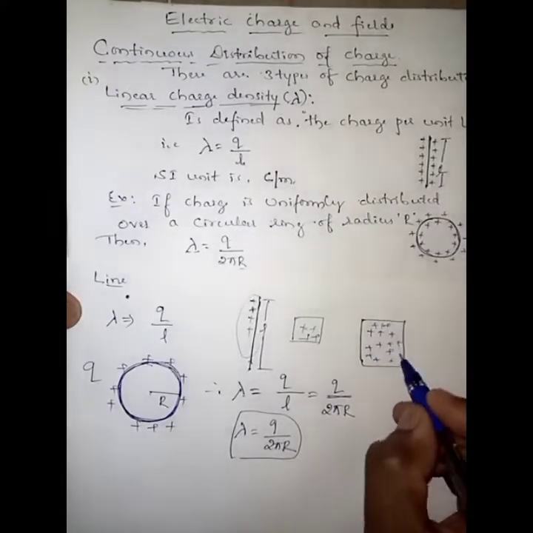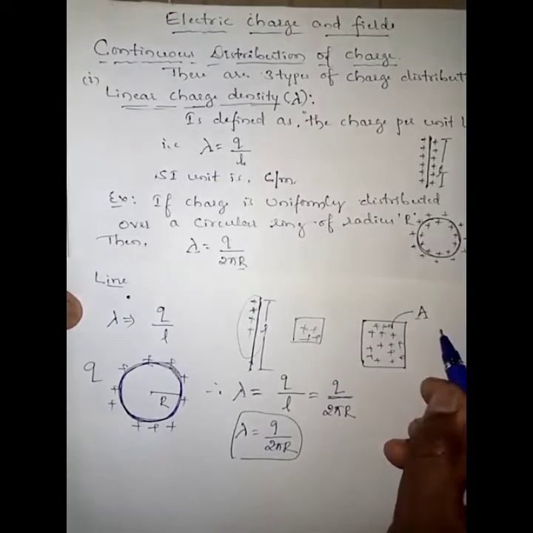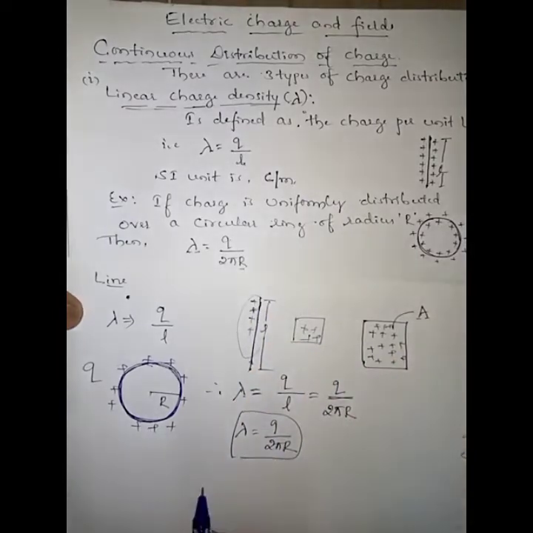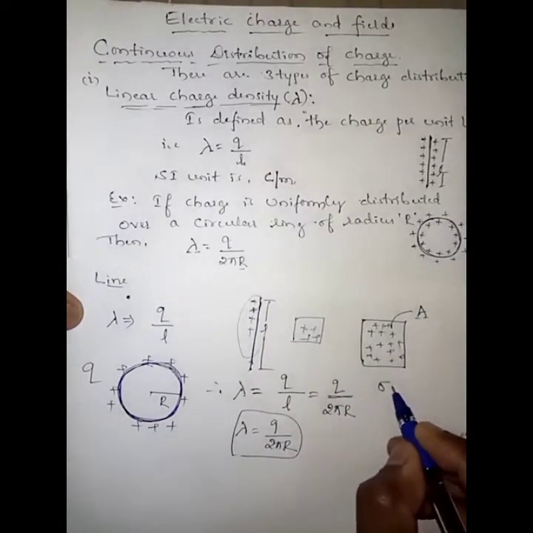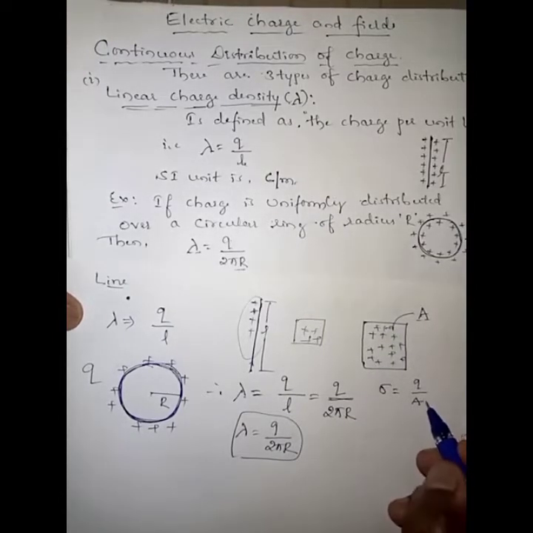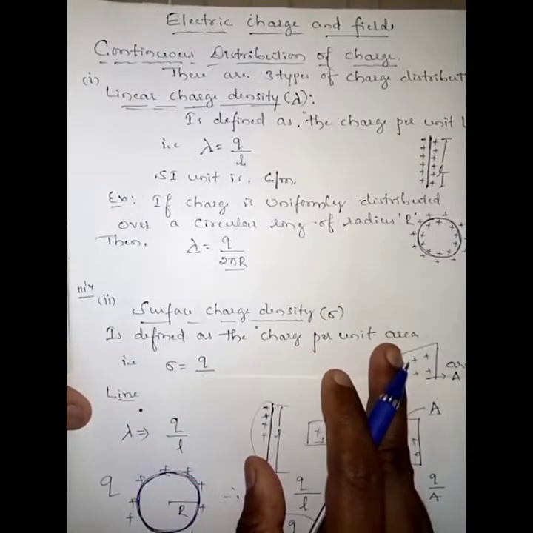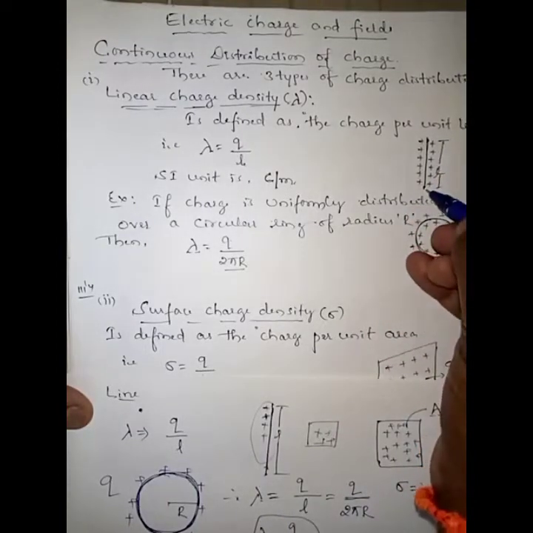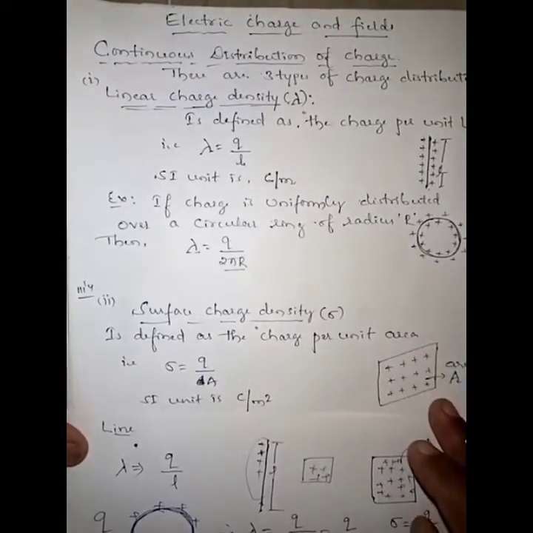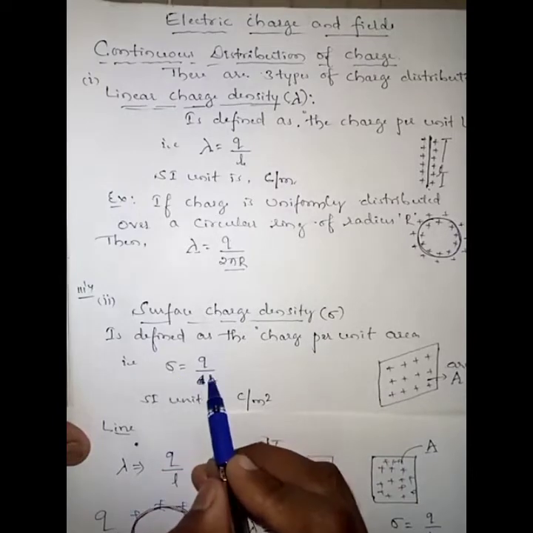The area of the sheet is A. The surface charge density is defined as sigma equals the total charge divided by the total area A, that is, charge per unit area. Because this thin sheet has area A, sigma is equal to Q divided by A.